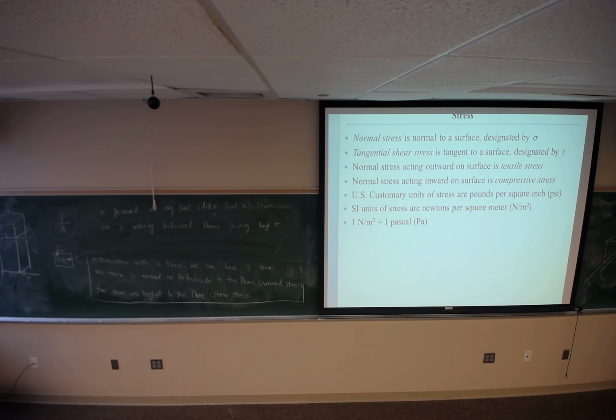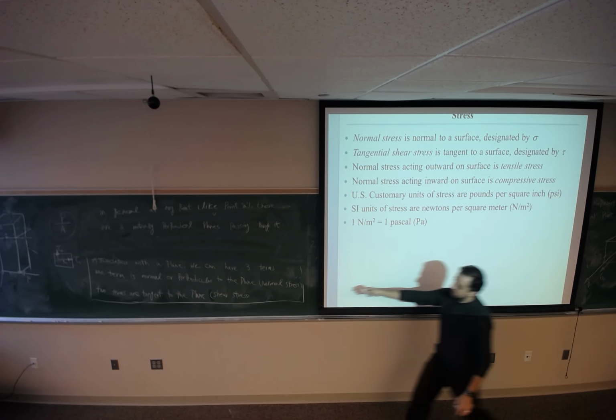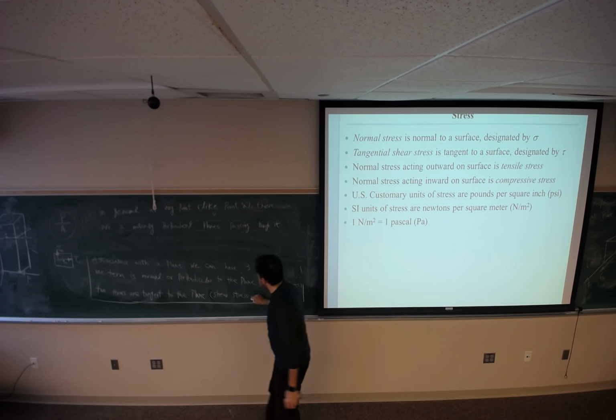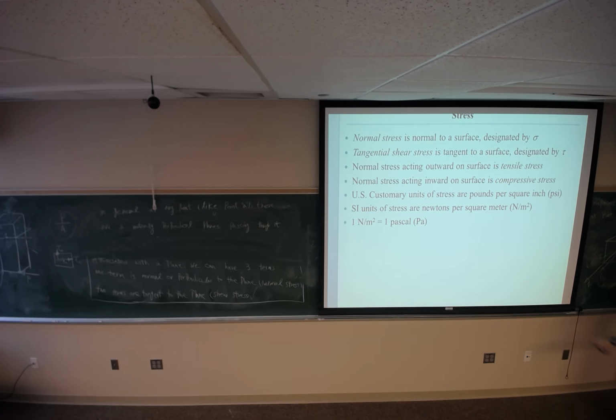Now it's time to represent the shear stresses, the two tangential stresses. On this plane, I can have one shear stress in this direction, tau, and another one in this direction, another tau. How can I label them? The first subscript is going to show the direction of the plane.